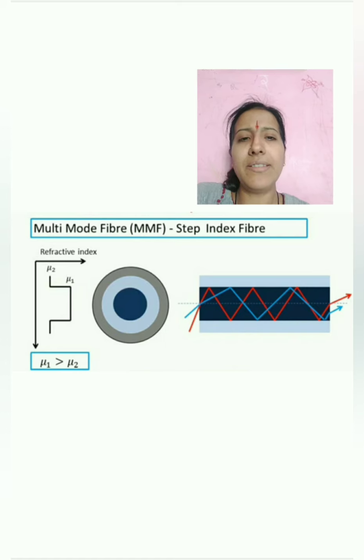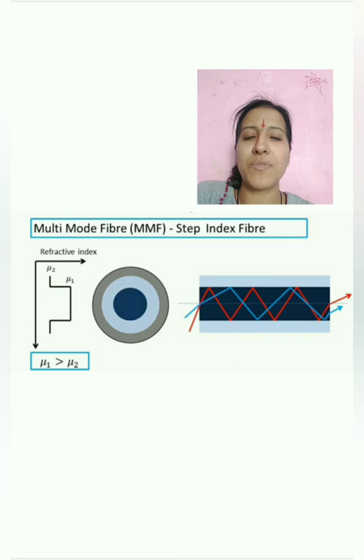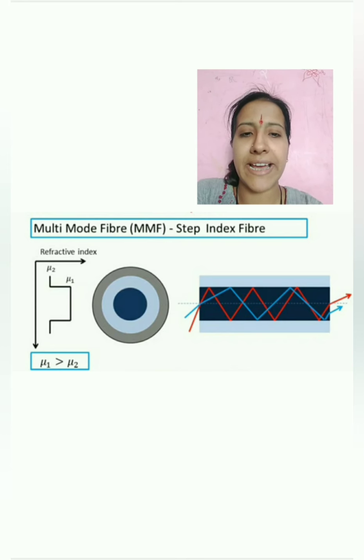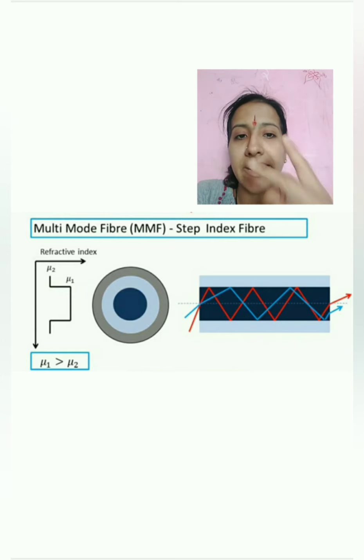Well, in this complete slide, we can easily observe the cross section of the optical fiber diagram and the clear-cut ray propagation optical diagram here. See, in this small optical diagram, two waves are passing through it. Blue color indicates one light wave and red color indicates the second light wave.